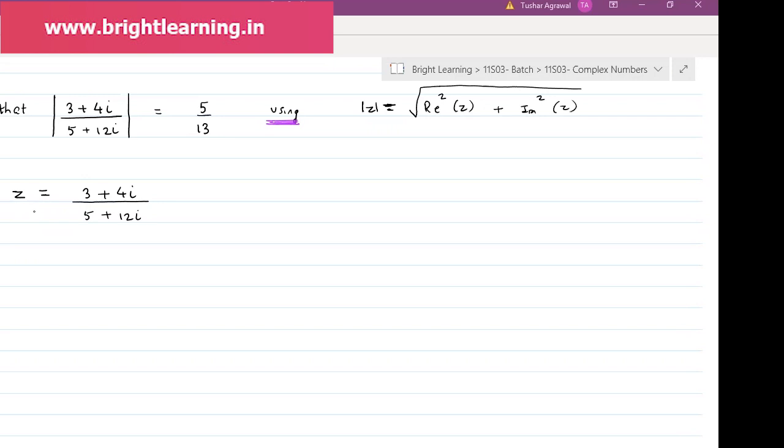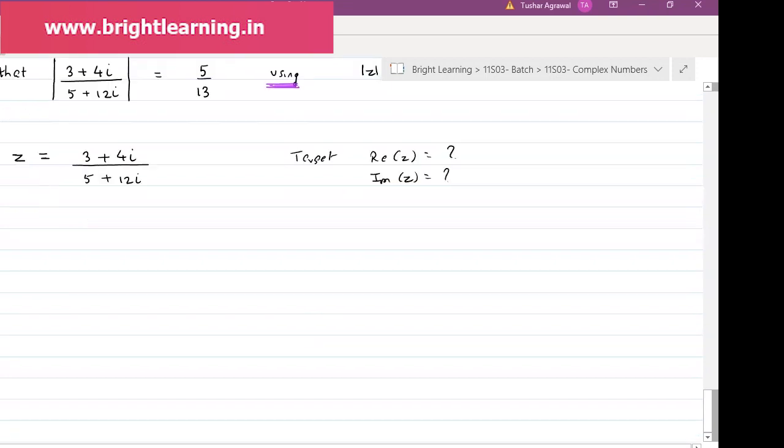So how to do this then? The only definition we know is real square plus imaginary square under root, and he has explicitly mentioned using only this. So what is our target? First find the real part, then find the imaginary part, take squares, and add under the root. So z is equal to 3 plus 4i upon 5 plus 12i.